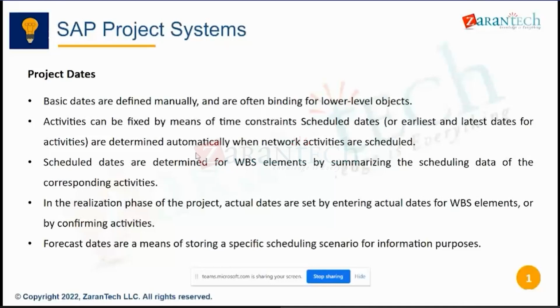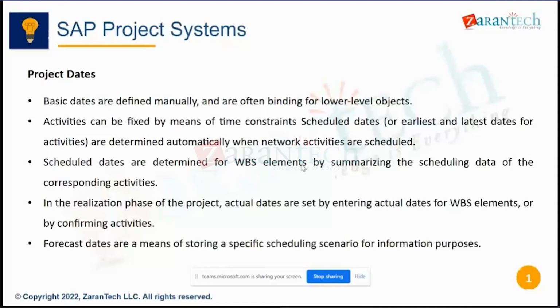This will be automatically determined when we schedule the network activity. How we will do scheduling, we will see later on. Scheduled dates are determined for WBS elements by summarizing the scheduling data of the corresponding activities. So if one WBS has two activities, a second WBS has 4 or 5 activities, and a third has 2 activities, then by summarizing the data from below, it will roll up the dates to the WBS.